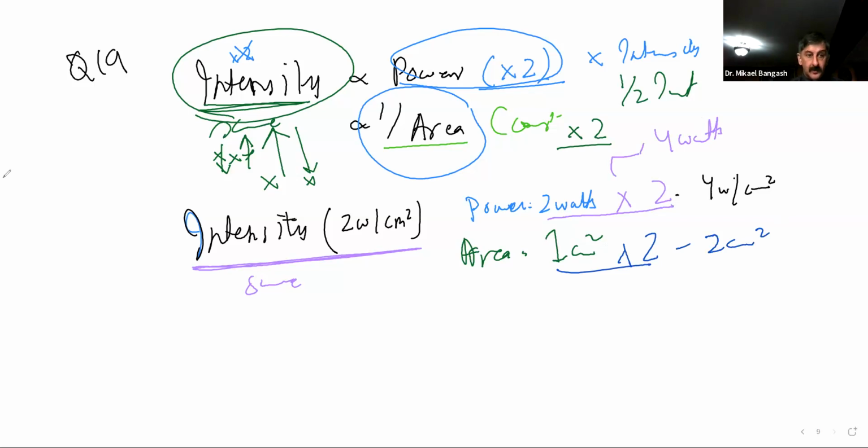And now you just put that into the equation: 4 watts per 2 centimeters squared, and we come to 2 watts per centimeter squared.